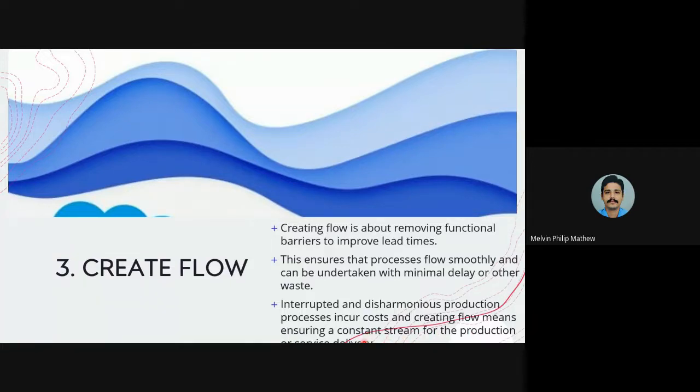So if the customer requests a particular product, we have to deliver the product, right? One of the advantages of lean manufacturing when compared with just-in-time manufacturing is that we always have the product to be supplied to the consumer at the right time, because of the amount of inventory of the product that is already present.